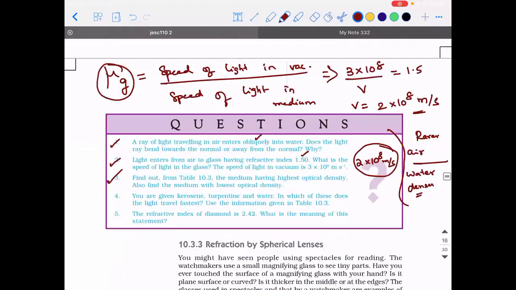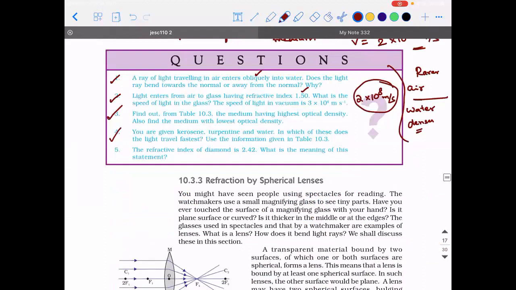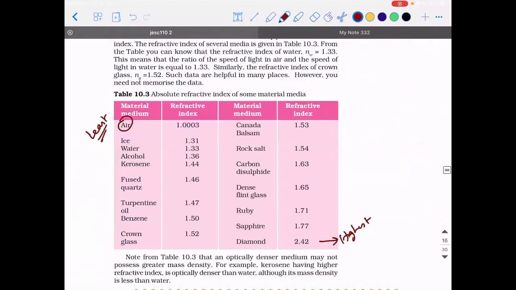Okay, next. You are given kerosene, turpentine, and water. In which of these does the light travel fastest? Kerosene, turpentine, and water. You tell me that.